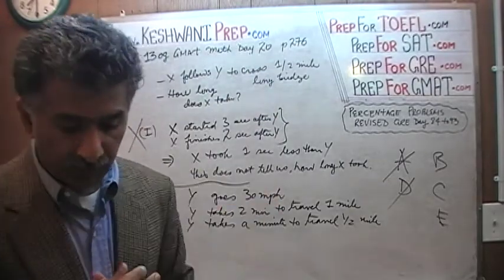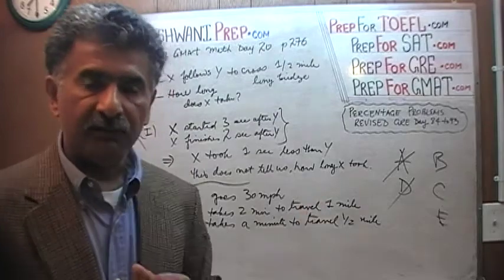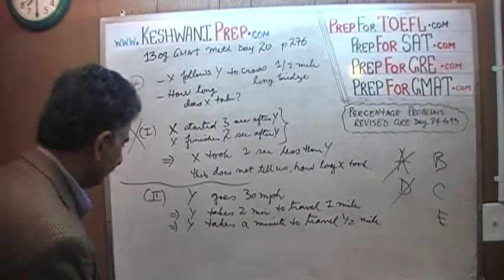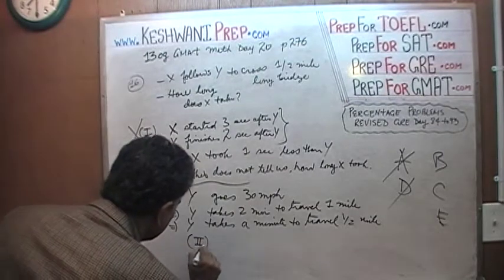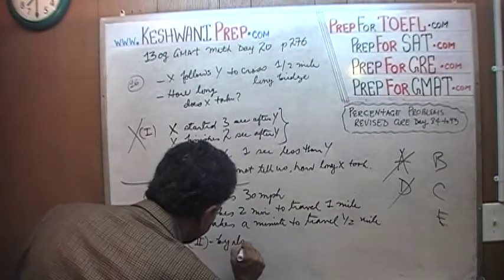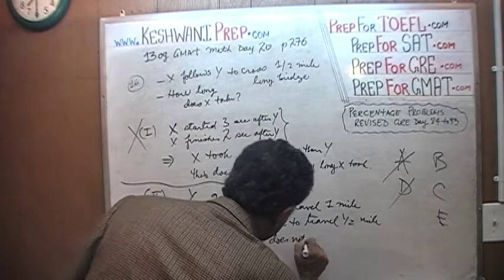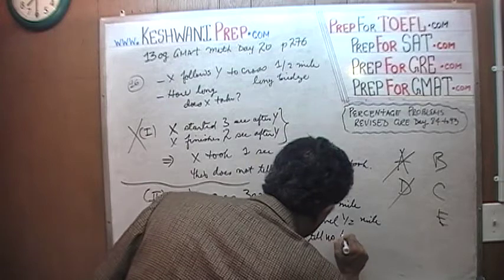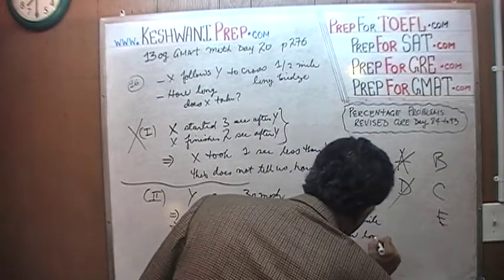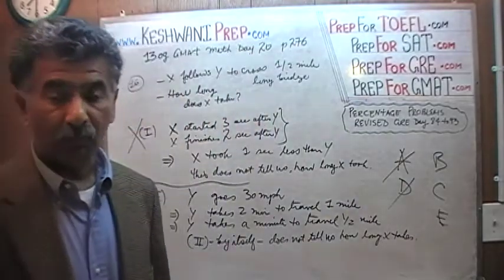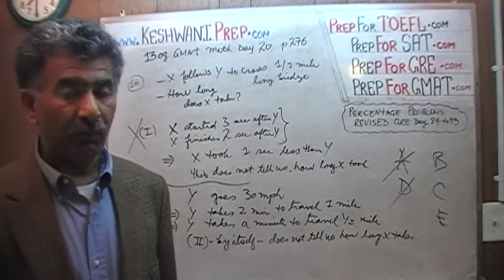But this is not going to tell us how long X is going to take. So the second statement by itself also is not enough. It does tell us how long Y takes, but it does not tell us how long X takes.